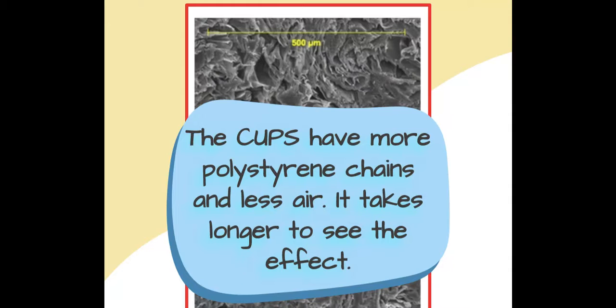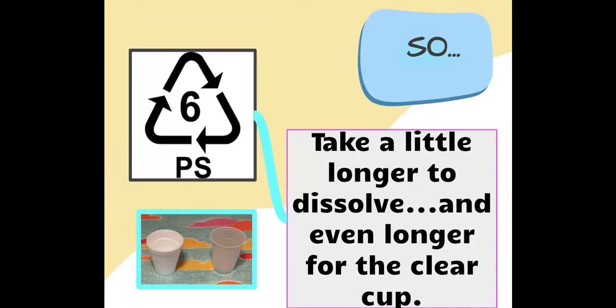So the cups have more polystyrene chains, less air, so that means that it takes longer to see the effect with the acetone. So it takes a little bit of time for those chains to be broken, and there actually isn't very much air, so it doesn't shrink all that much. So it takes a little bit longer to dissolve, and even longer for the clear cup than the foam cup.